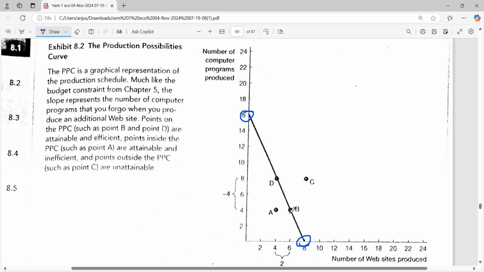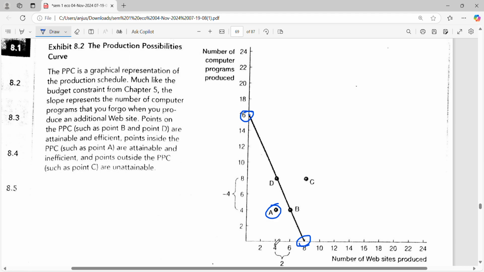the bundles on the PPC are efficient and attainable. Efficient and attainable. Bundles below the PPC, that is A, is attainable. Definitely you can have A, just to produce 4 computer programs and 4 websites, but it is not efficient because you have to use the resource in its maximum possible way.